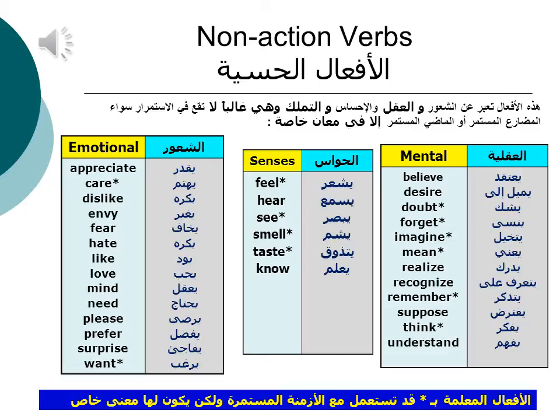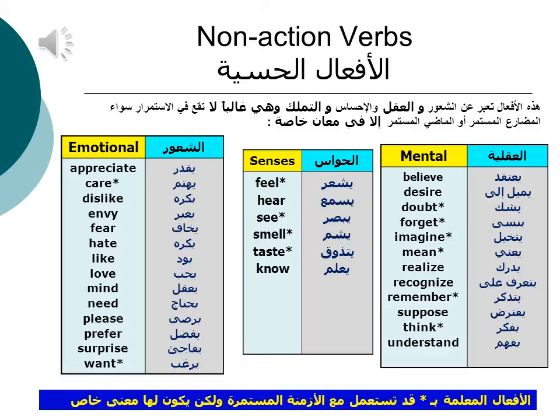The first column refers to verbs that describe emotional feelings. Verbs like appreciate, care, dislike, envy, fear, hate, like, love, mind, need, please, prefer, surprise, want.